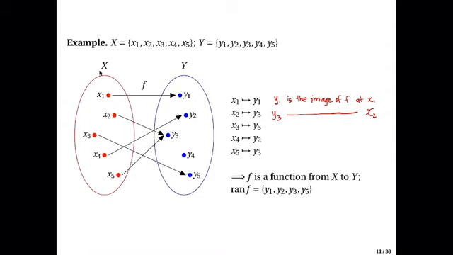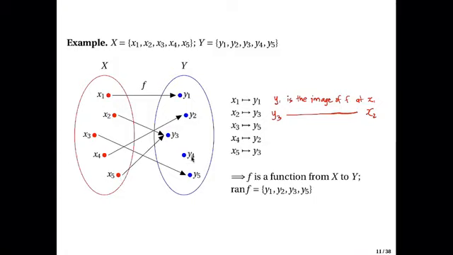Okay? So every element of X must only have one partner. In Y, the elements may have two or more partners. It may have no partner, just like your Y3 has two partners from X, X2 and X5.